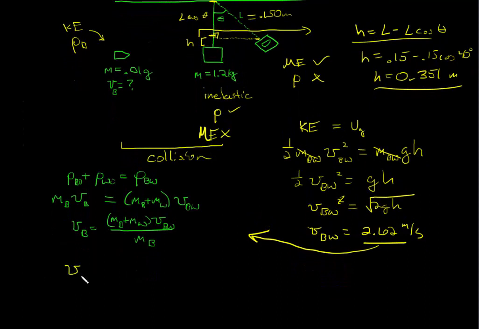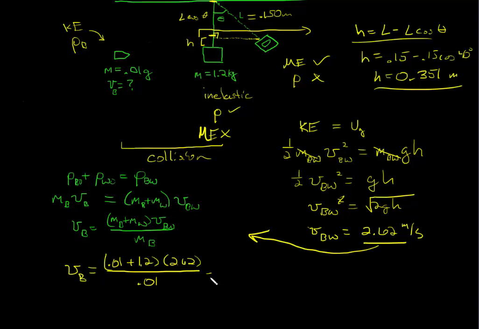So the velocity of the bullet would be the mass of the bullet, 0.01, plus the mass of the wood, 1.2, times the velocity, 2.62, divided by the mass of the bullet, 0.01.